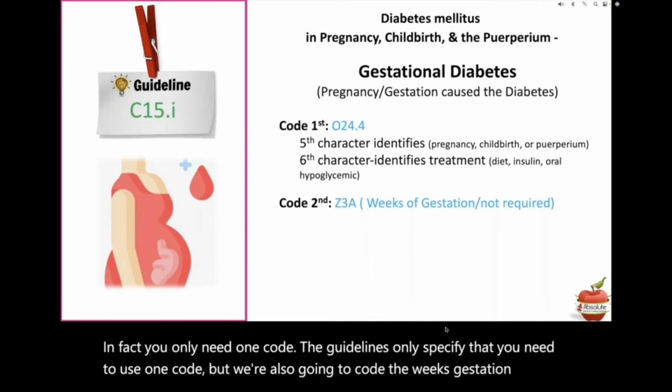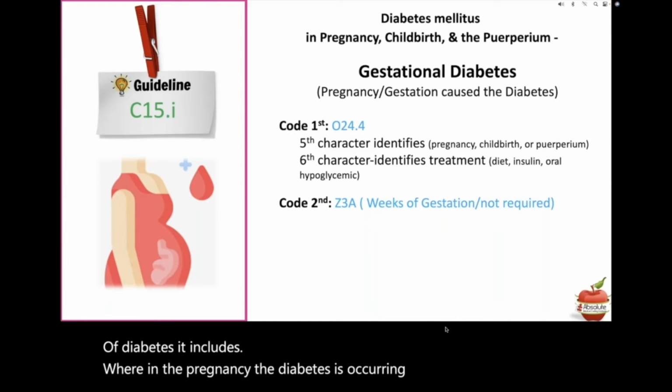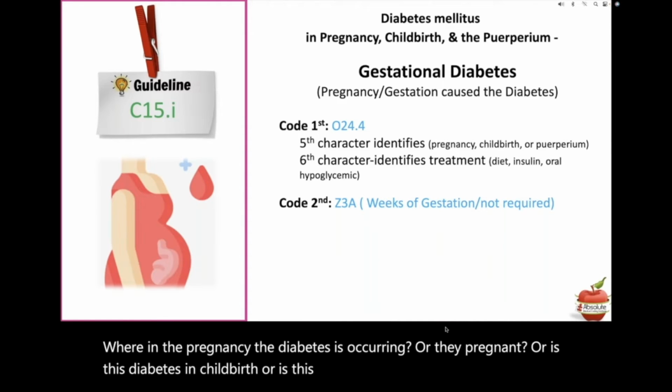Here's why. The code includes the type of diabetes. It includes where in the pregnancy the diabetes is occurring. Are they pregnant, or is this diabetes in childbirth, or is this diabetes occurring during the puerperium period?